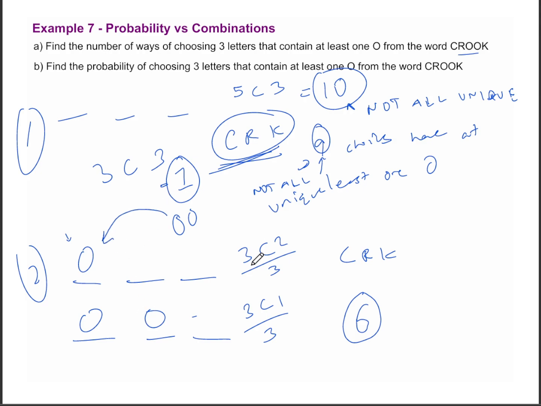And so in this case, the total possible ways of selecting from this first scenario, where it has 1 O, is actually 3C2 times 2C1, which is 3 times 2, which gives us 6, where then 6 plus 3 gives us 9, but not all unique.